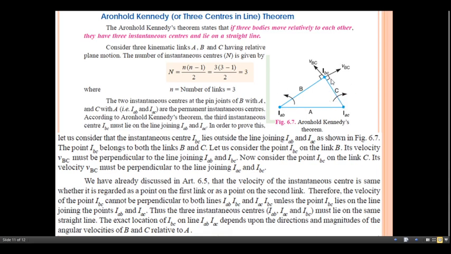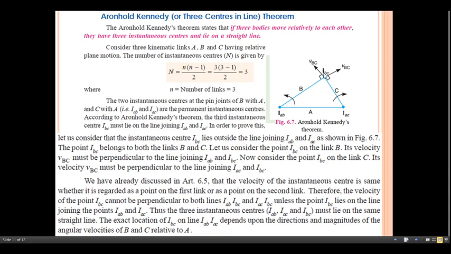The point IBC belongs to both links B and C. Let us consider the point IBC on link B. Its velocity VBC must be perpendicular to the line joining IAB and IBC.